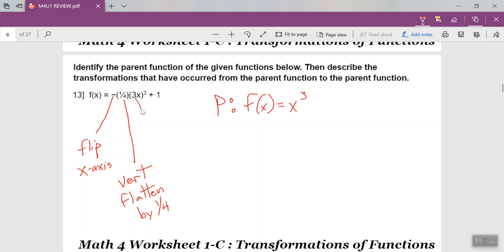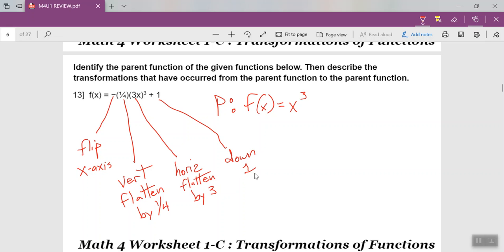That 3 inside says that we are going to horizontally, let's see now, it goes backwards when you're on the inside, so they are going to flatten by a factor of 3. And then the guy on the end says we are going down 1.